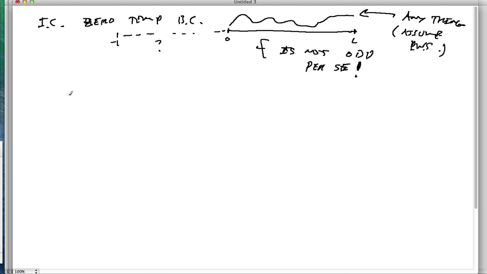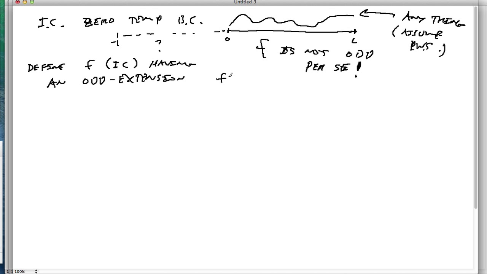So what we want to do then is now define f, our initial condition, as having what we call an odd extension, which we can just write f, we can even just put an O there, of x. So what we do is we define our initial condition just like before, 0 to L, and I'll just draw something interesting over here.